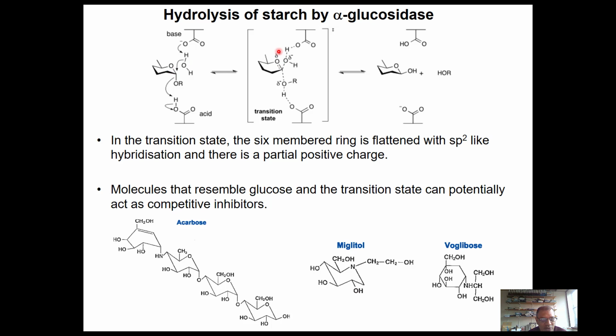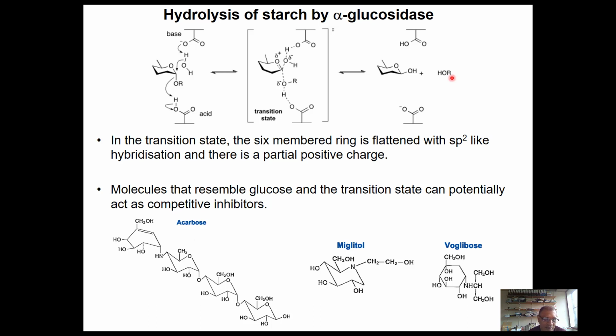That's why you see this partial positive charge character. As a result of this stabilization, this carbon is flattening out to a more sp2 hybridized state compared to the sp3 that it started with. Once the reaction is complete, we have broken this glycosidic bond and given the one unit and the other.